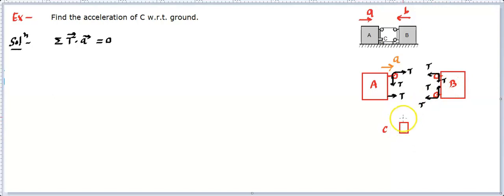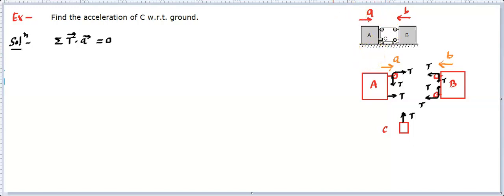Now let's come to the C block. On the C block, this is the only tension that is acting, isn't it? And what about the B block's acceleration? That's clearly visible, that's given basically. We need to find the acceleration of this C, with respect to ground that too, right? If you look from the ground, then you'll find this C will be moving in the downward direction as well as in the forward direction.